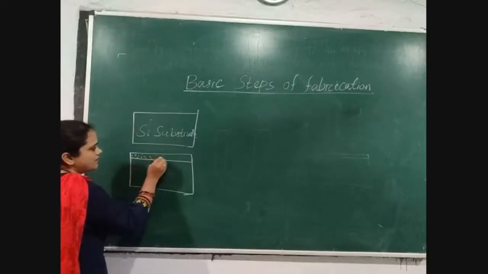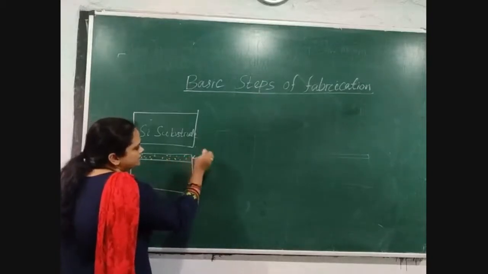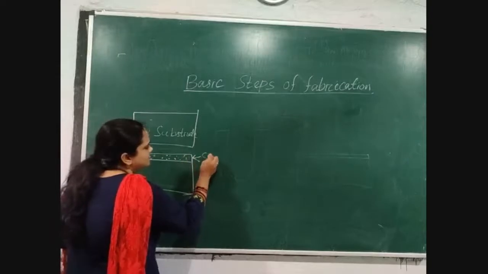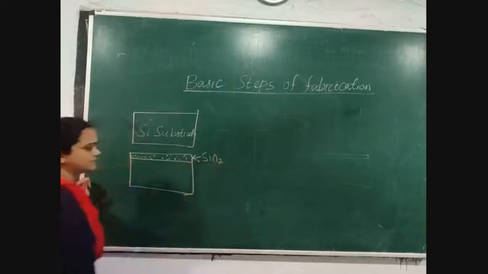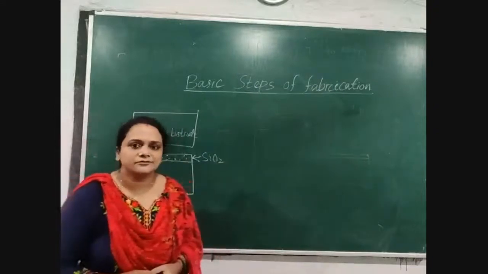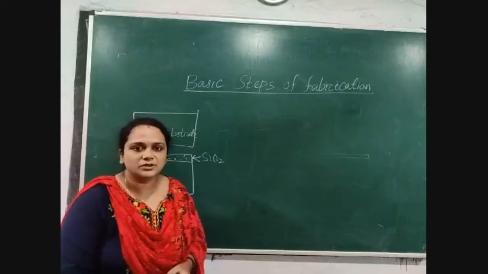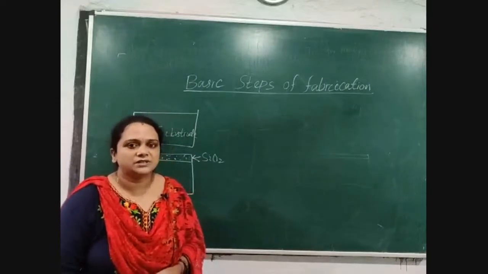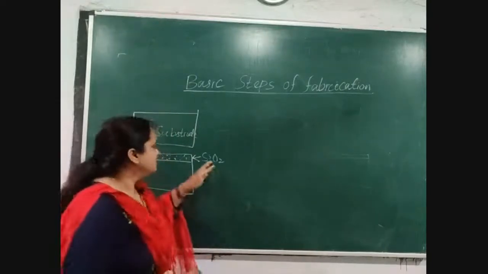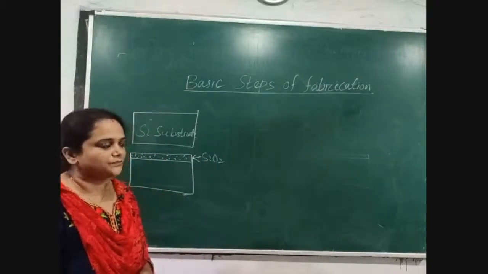This one is the oxide layer. Which type of oxide? Silicon dioxide. So thermal oxidation forces the oxidizing agent to diffuse into the material and react with it. Because of that, this SiO2, silicon dioxide layer is formed.